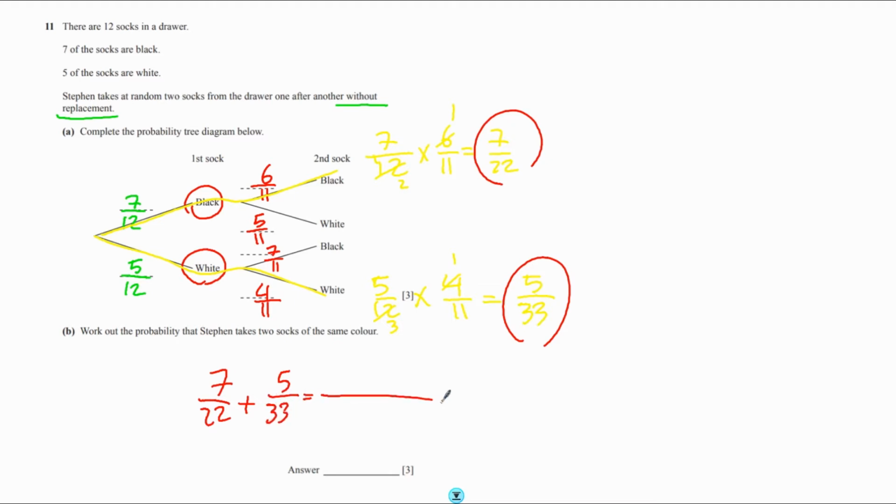We need a common denominator, and that is 66. 66 divided by 22 is 3, 3 times 7 is 21, plus 66 divided by 33 is 2, times 5 is 10. So that would be 31 over 66. This is the final answer because we cannot simplify it further.